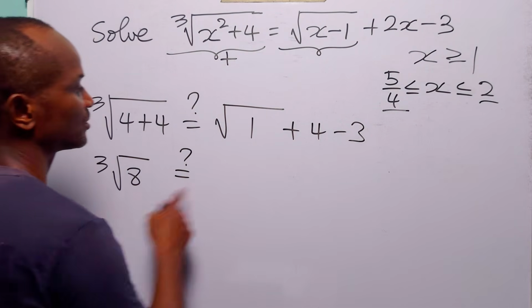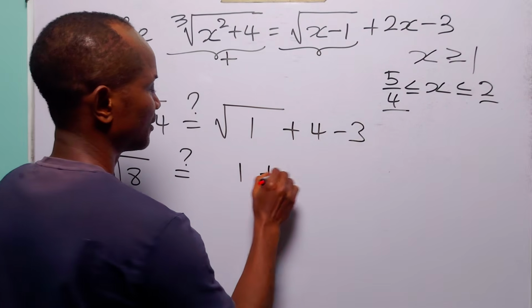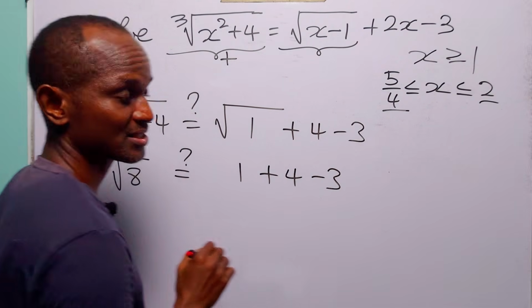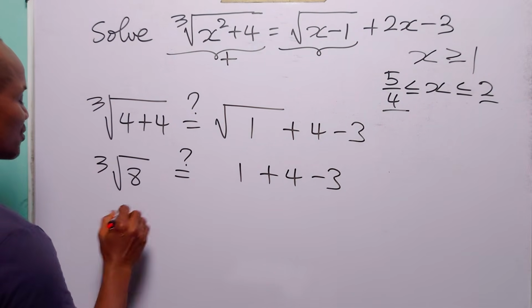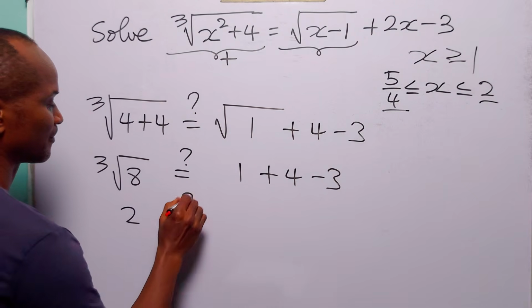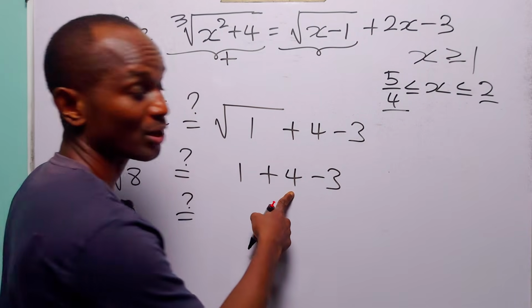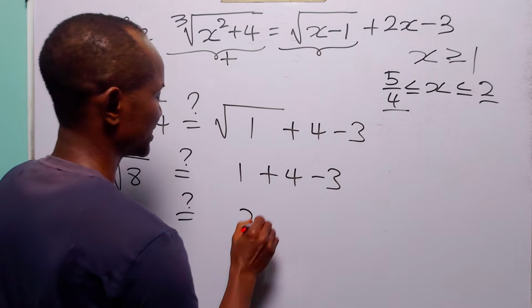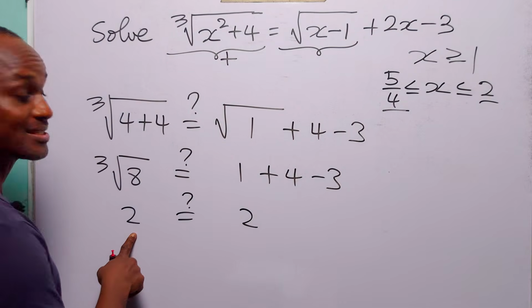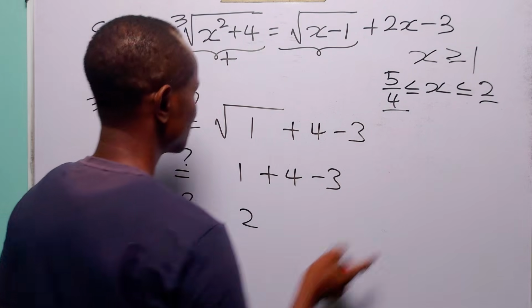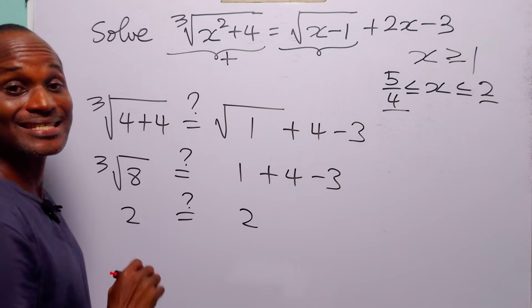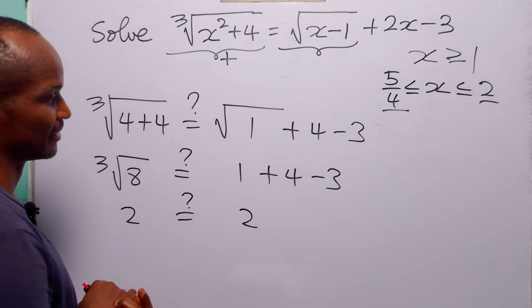Is this equal to 1 plus 4 minus 3? The cube root of 8 is 2. 1 plus 4 is 5. 5 minus 3 is 2. So you can see that when x is equal to 2, the left-hand side is equal to the right-hand side.